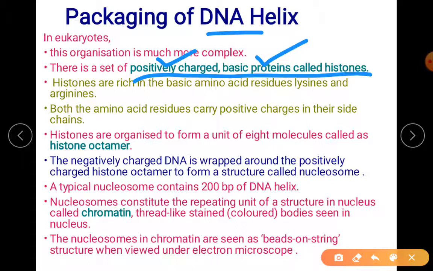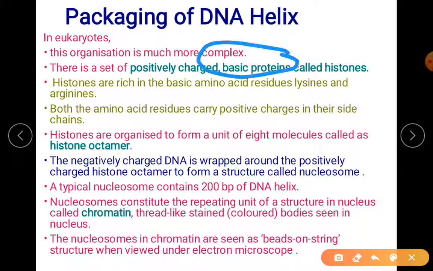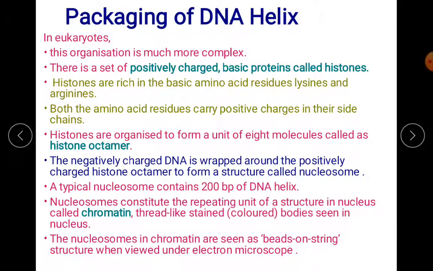So the opposite for DNA is the positive. Positive is present on histones. So histone is the set of proteins. So if you see the basic nature or the positive nature, it is actually the histone containing residues of lysines and arginines that is creating the positive charge.